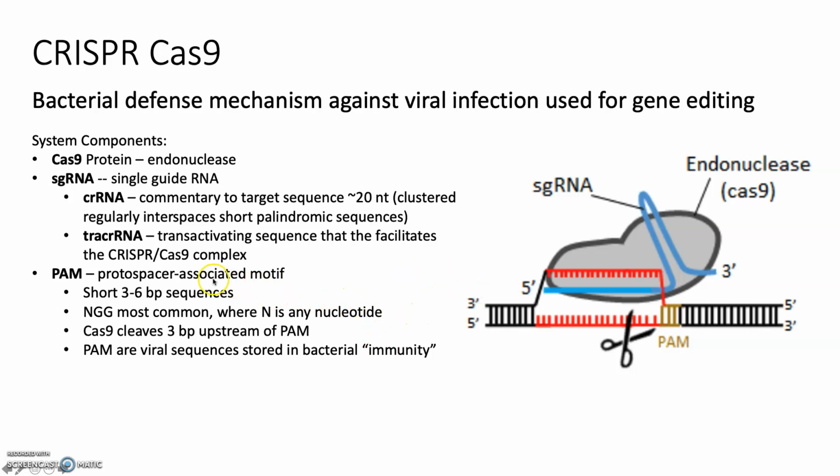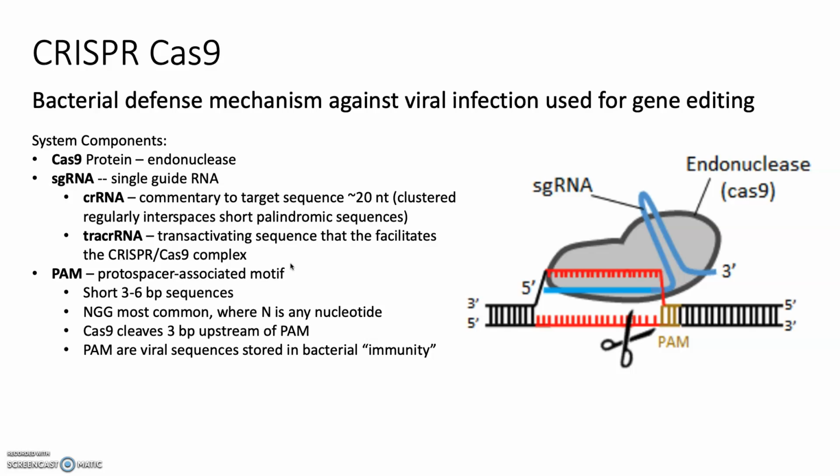And you also have the tracrRNA, which is an enzymatic and structural component of the single guide RNA that links everything to the Cas9 protein. And you have these short PAM sequences that need to be present in the genome before cutting can occur.